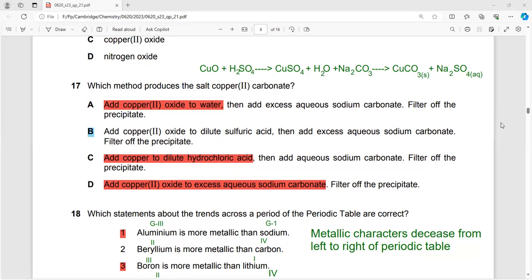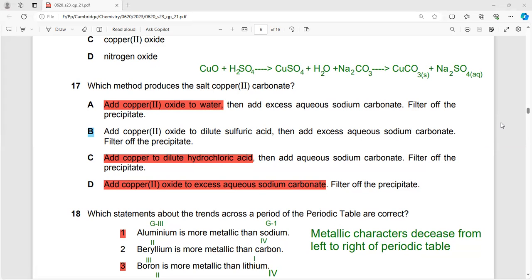Which method produces the salt copper carbonate? Here, it's a knowledge-based question. Copper carbonate is an insoluble salt. If you prepare it by combining two reactants and they produce a precipitate that is insoluble, after filtration you separate the copper carbonate.